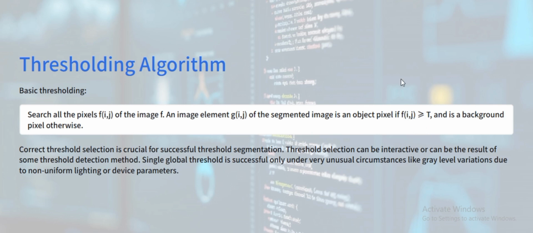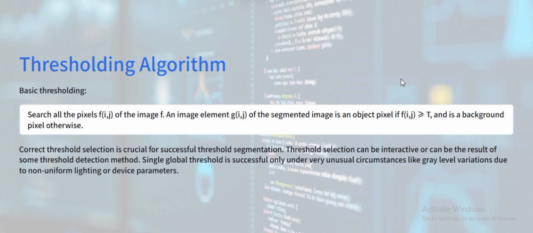That is, we take an image and select the pixel values, all the pixels present in the image, and we separate those pixel values from the normal pixel values. How we separate them is that the pixel values should be greater than or equal to t. What is this t? t is the threshold condition. We fix one value.